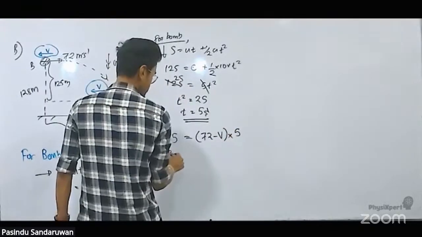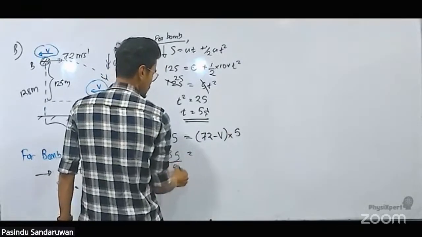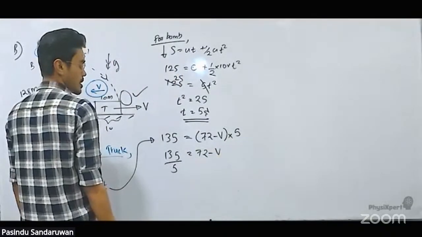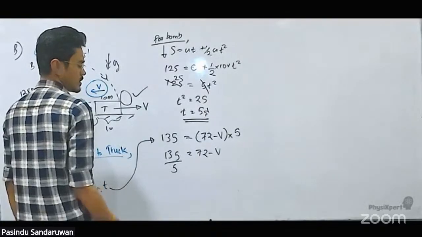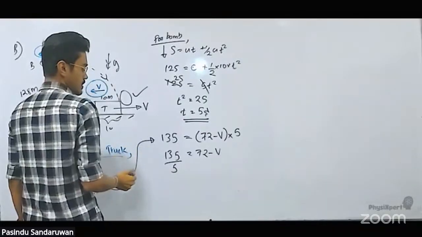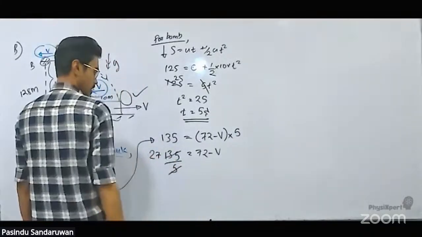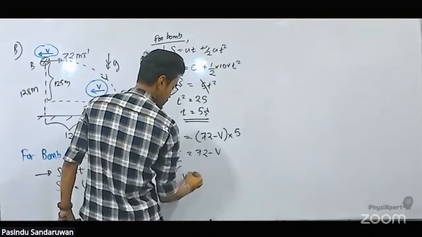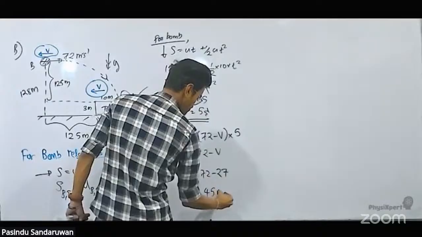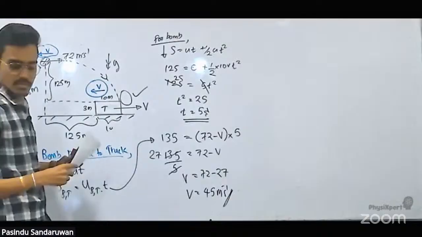Simplify this. 135 equals, this cancels by 5. 135 over 5 equals 72 minus V. 135 over 5 is 27. 27. Then V equals 72 minus 27, 45. 45 m s^-1.